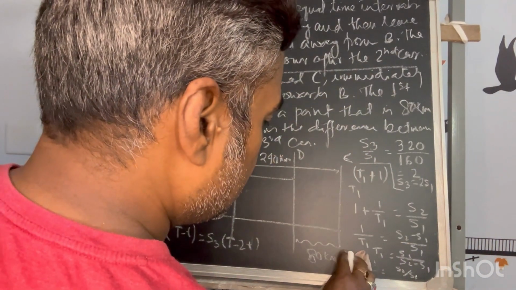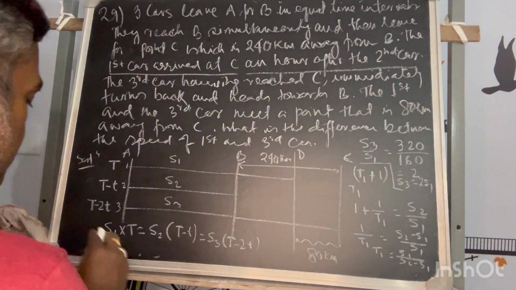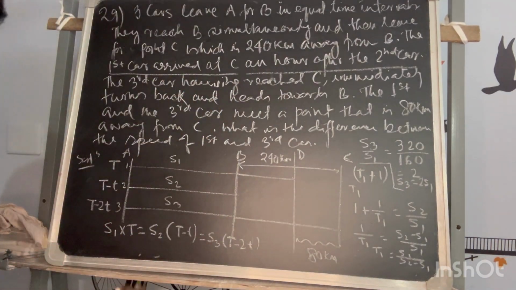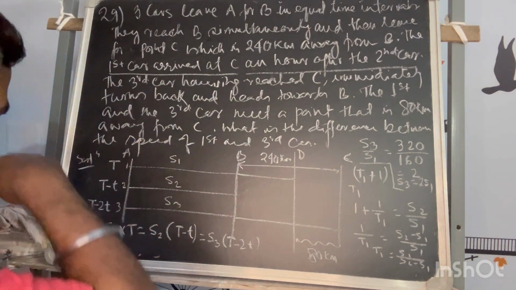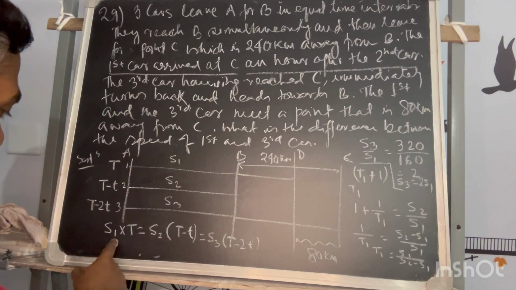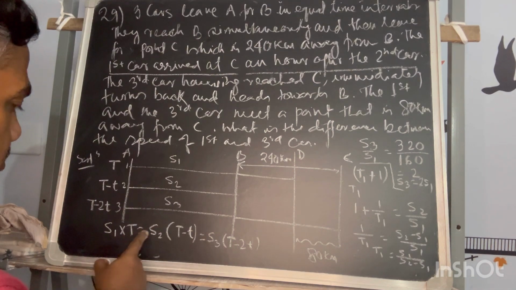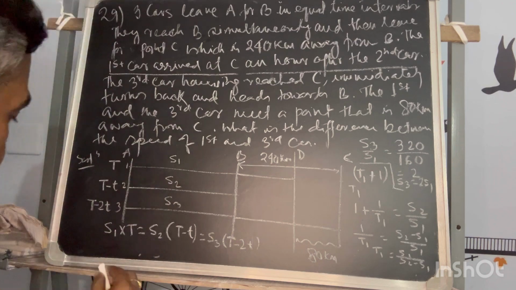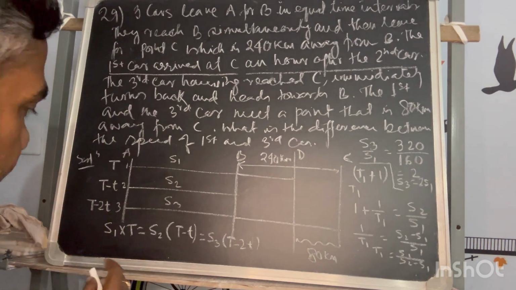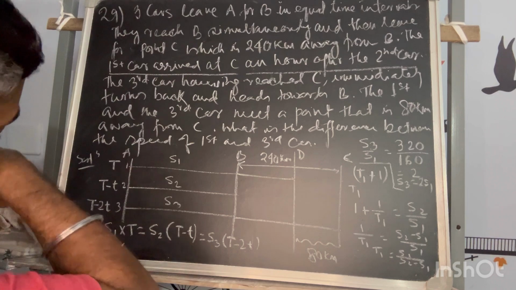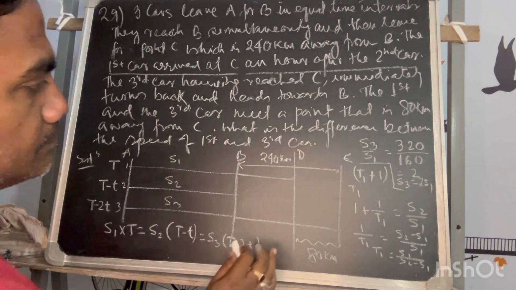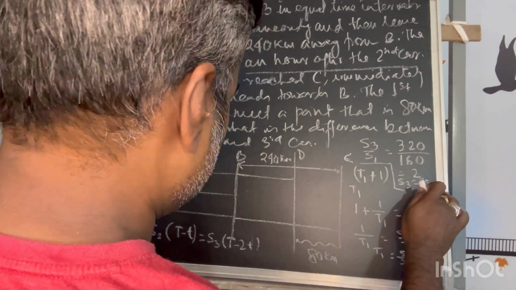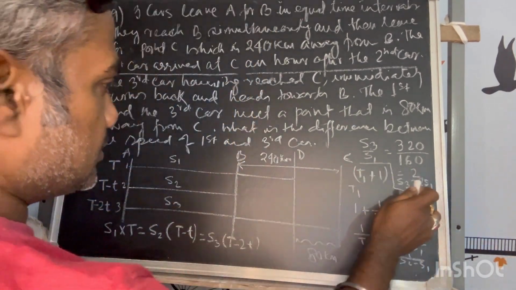The T1 can be represented in this form. If I equalize this and this, these are two unknowns, and this and T can represent it. S3 is equal to this one, S3 is equal to 2S1.